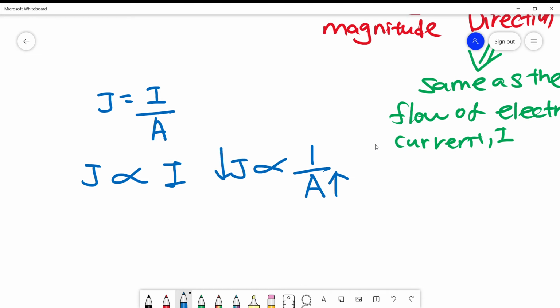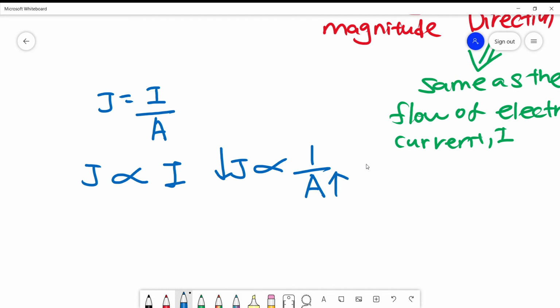The bigger the cross-sectional area of the wire, the lower the size of the current density. So this is the relation.